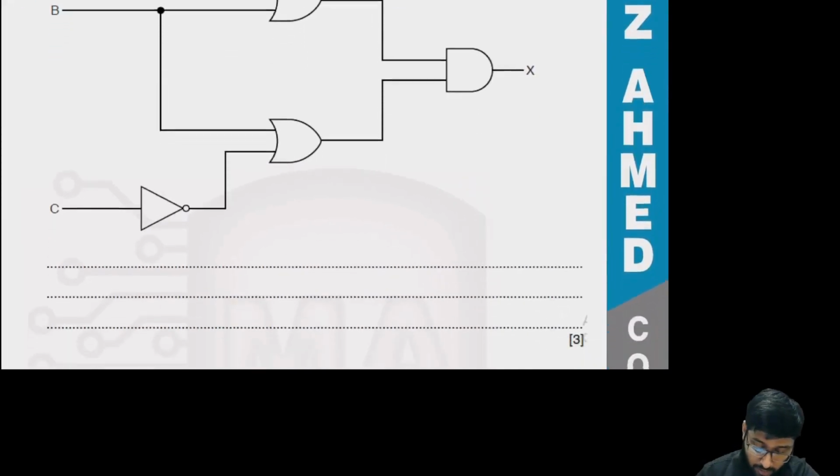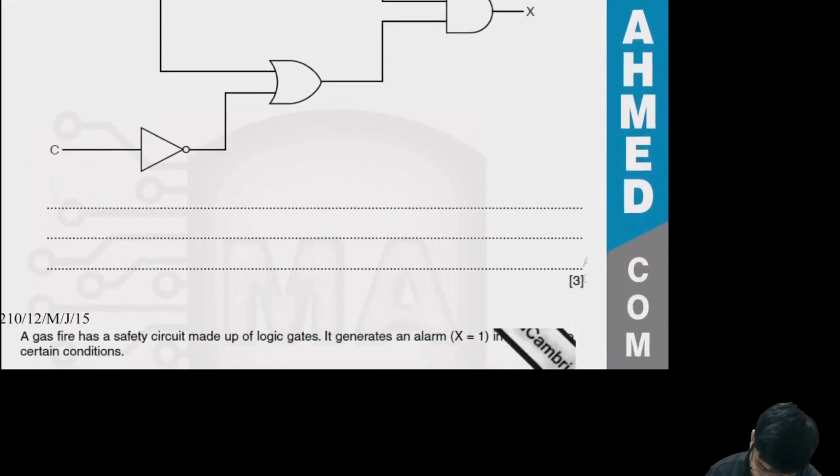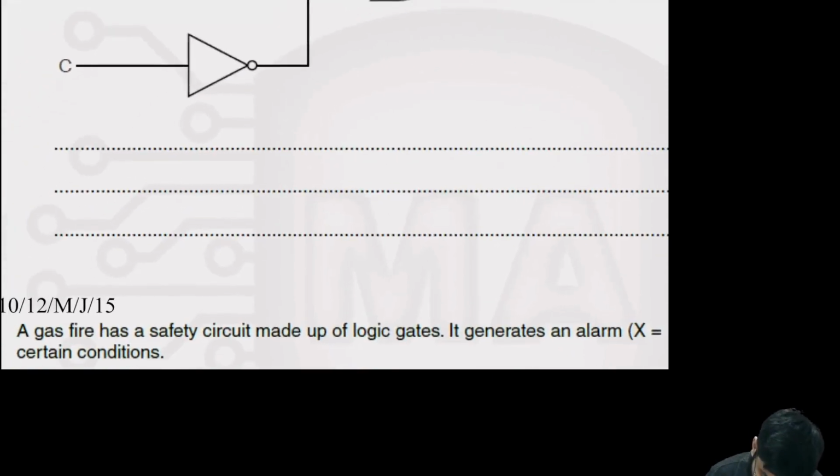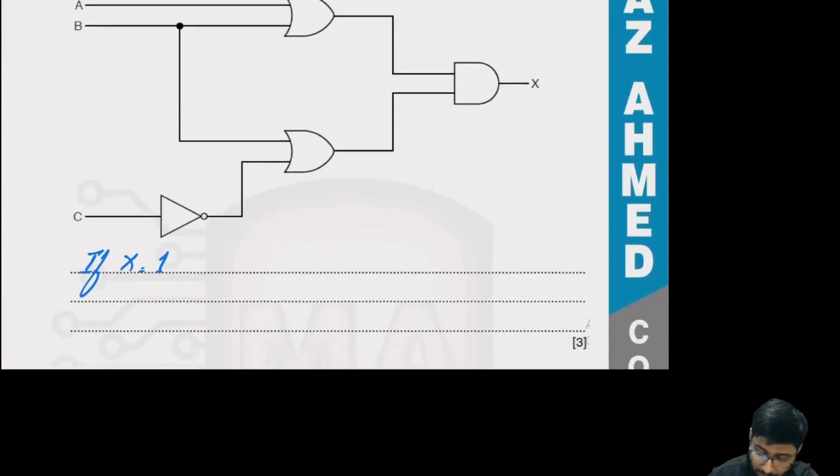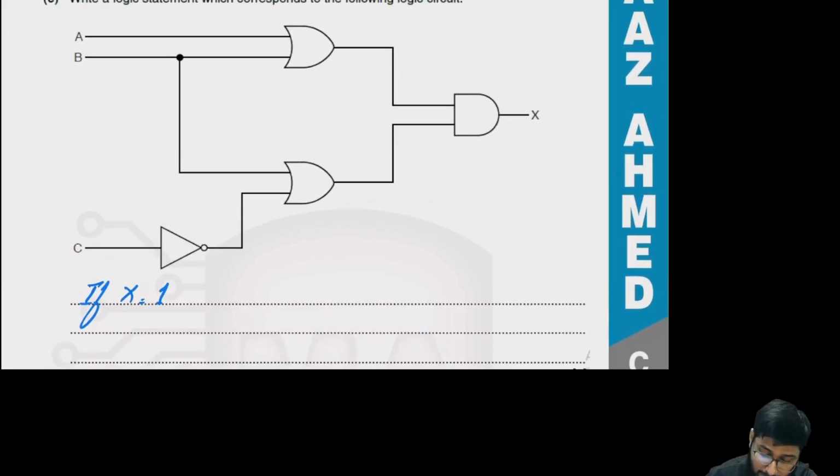So X is an output, so we write in this pattern: if X equals 1. Now what do I mean by that? As I told you, all of the inputs by default are 1, so we say that the output is also 1 if this condition is fulfilled. So if X equals 1, now we will see what the first major gate being implemented is.